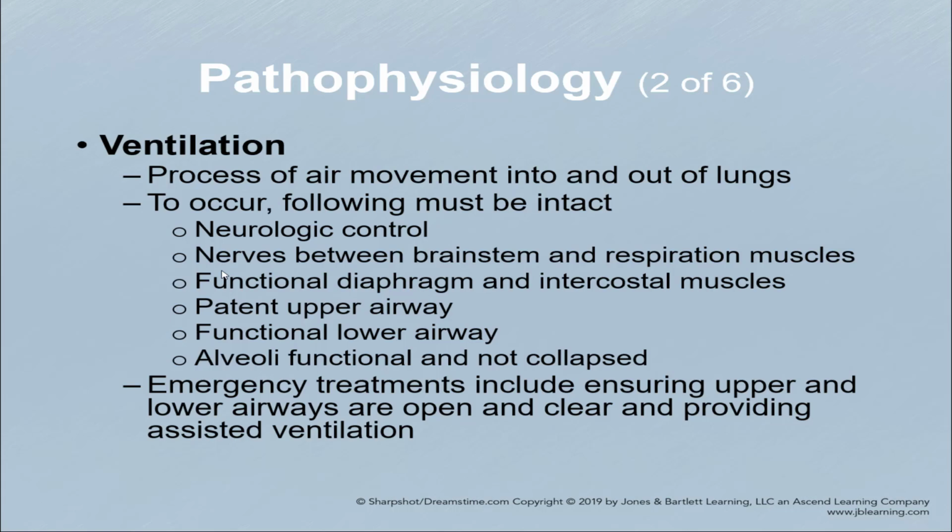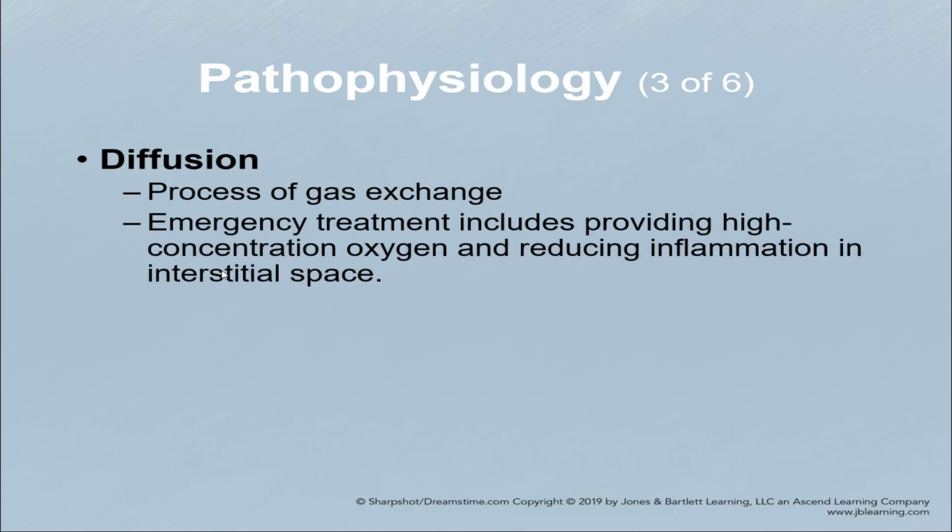The emergency treatment for ventilation problems includes ensuring we have a clear upper airway and providing positive pressure ventilations as needed. Also, don't forget to increase the partial pressure of oxygen in the lungs by providing supplemental O2.